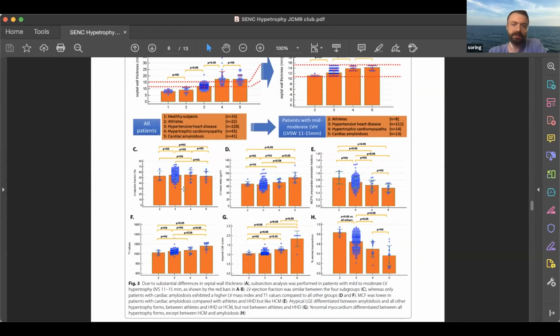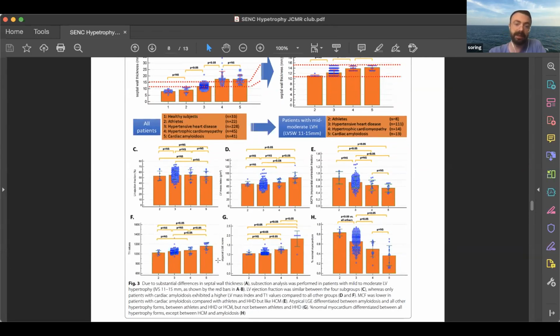In these patients, there was no difference in left ventricular ejection fraction. There was only a difference in T1 values between patients with amyloidosis and all other patients. On the other hand, normal myocardium could differentiate between hypertensive heart disease and athletes, and also hypertensive heart disease and patients with hypertrophic cardiomyopathy, but couldn't differentiate between hypertrophic cardiomyopathy and amyloidosis.